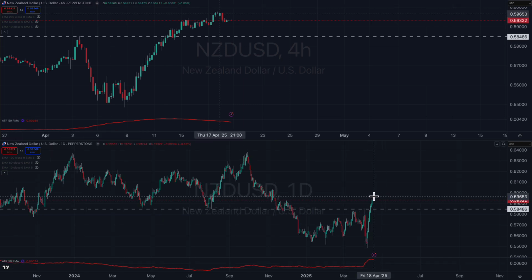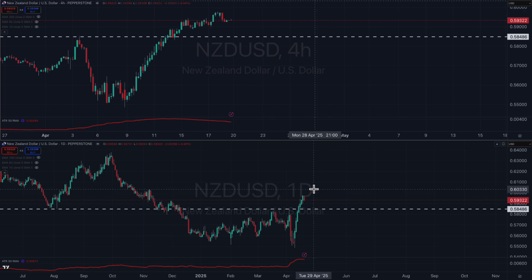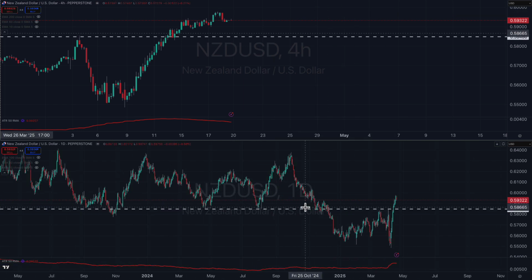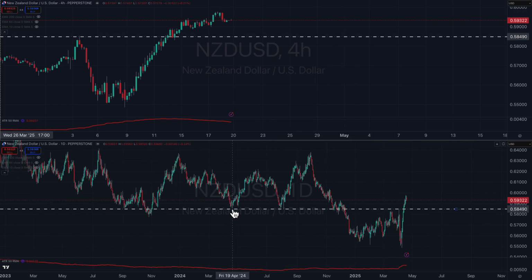So with this one here with the New Zealand dollar, we're looking for the market to pull back towards this big level, which you can see was a very, very big level of support there on the 19th of April. Then again on the 29th of July, and it's got big reactions to this level here, even going as far back as September 23.